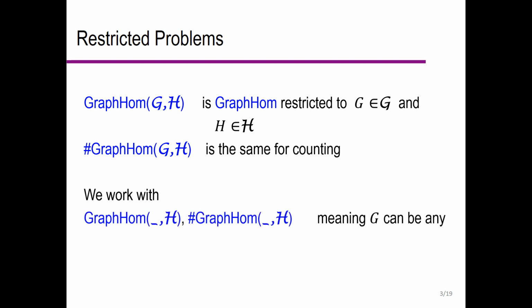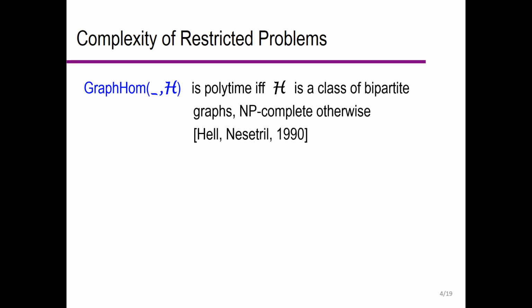Here we are going to work with restricted graph homomorphism problems where there are no restrictions on the source graph G, and the only restrictions are imposed on the target graph H. The complexity of problems restricted this way is very well understood. Say for the decision problem, Pavol Hell and Jaroslav Nešetřil gave a characterization of problems solvable in polynomial time.